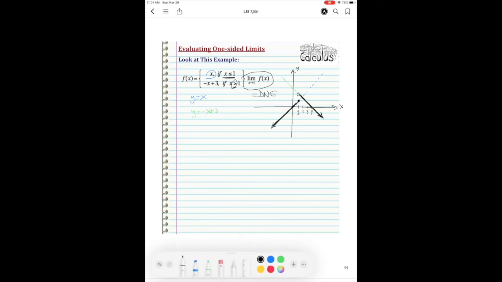Well, you're taking this 1 and plugging into there. So we have 1, and then we put it into there, and we have 2. So they do not equal. So plug and chug, you can see that the x, 1, and this is the minus x plus 3, 1, they don't equal.